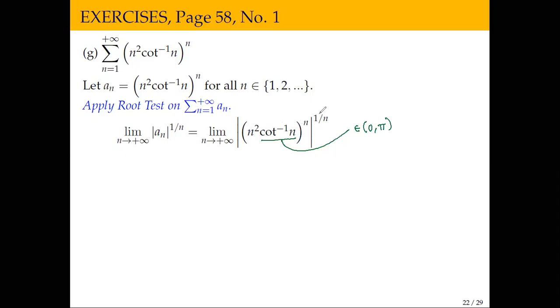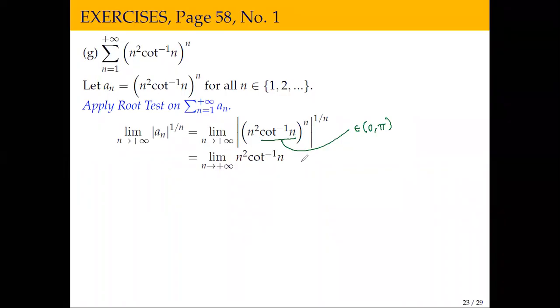And if you raise it to 1 over n, you get n squared times arc cotangent of n. So you have the limit of n squared times arc cotangent of n as n goes to positive infinity. Notice that as n goes to positive infinity, n squared goes to positive infinity, and as n goes to positive infinity, arc cotangent of n goes to 0.